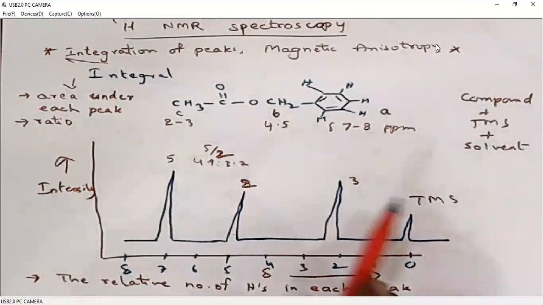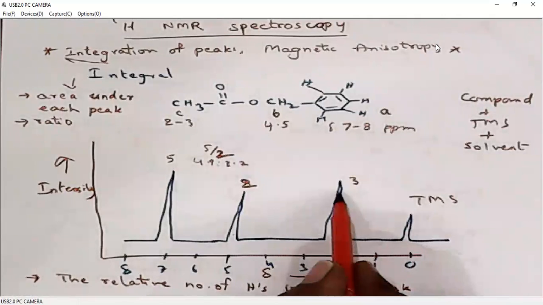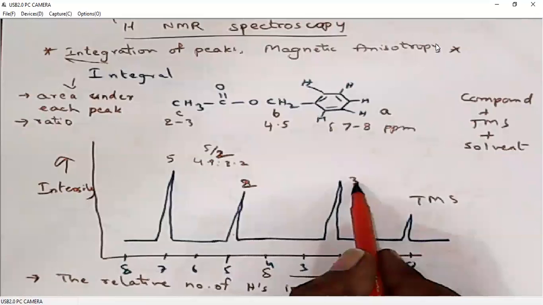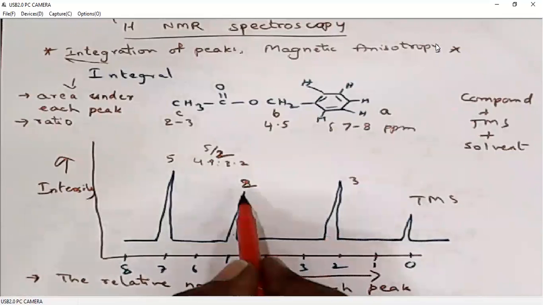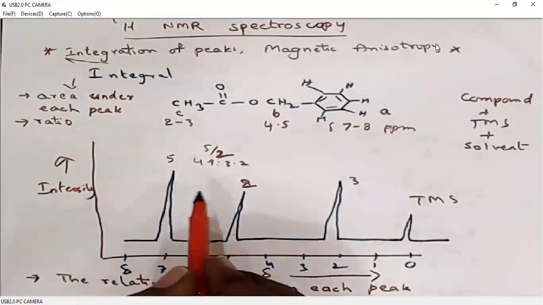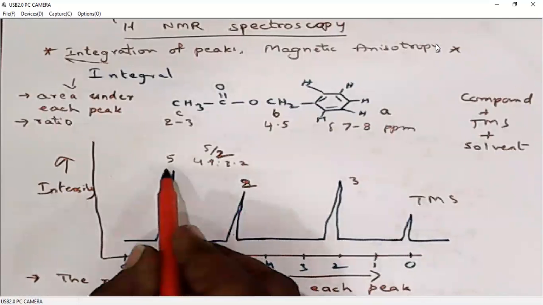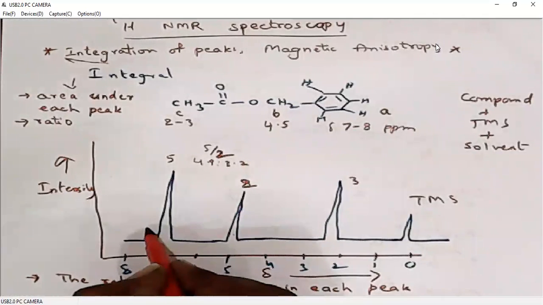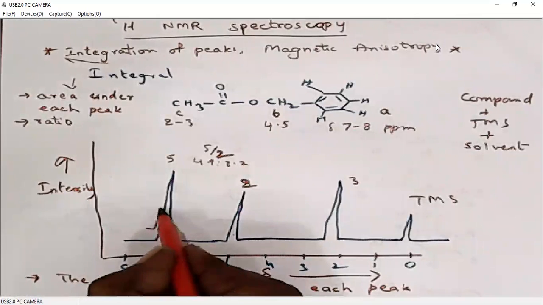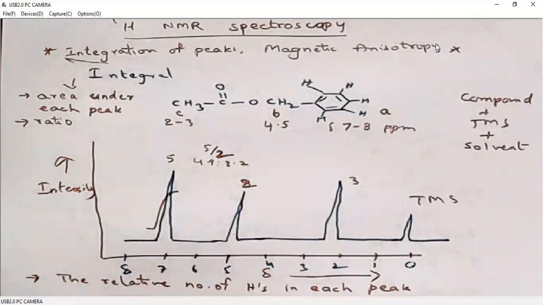So for example, I know this methyl, so it should contain 3 protons. I will give 3 to the area under this peak. Then accordingly, all other peaks will be adjusted and the relative numbers of protons will be given. So we cannot measure the exact number, but we can measure the relative numbers using the integration method. So when we do integration, we get a graph like this.